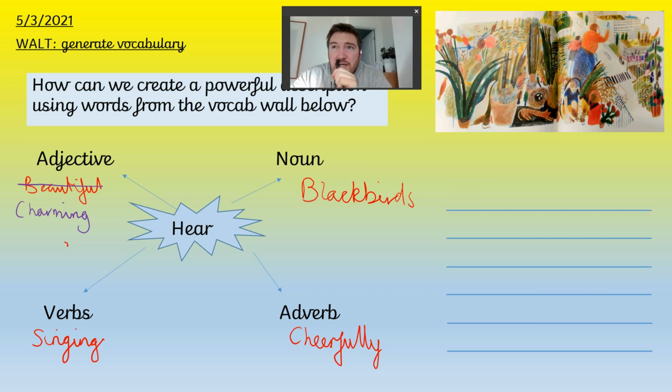I could even use a fronted adverbial or a preposition to say where or when this was happening. So I might say, in the distance. Now I'm going to describe the blackbird, so I'm going to use my adjective.